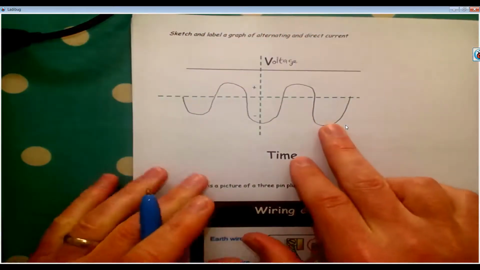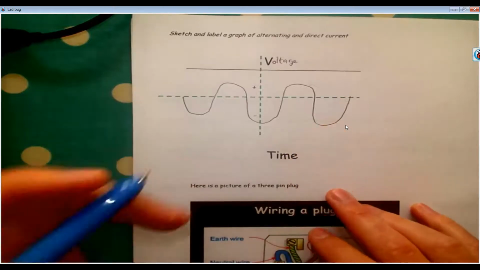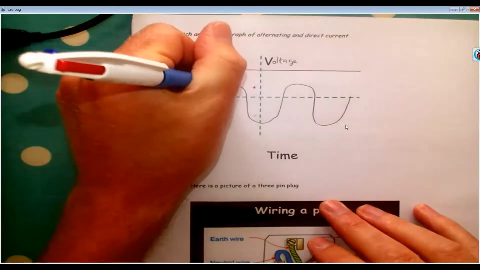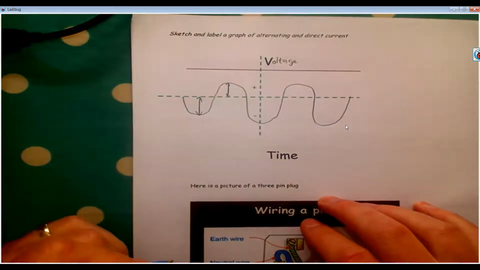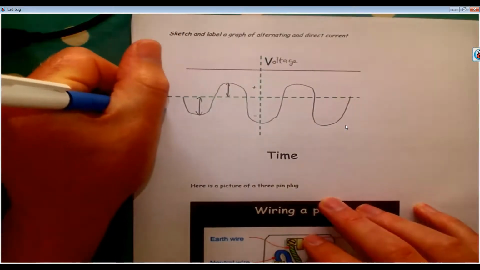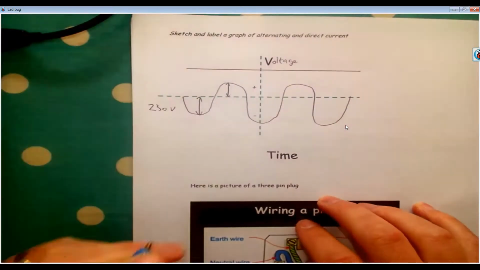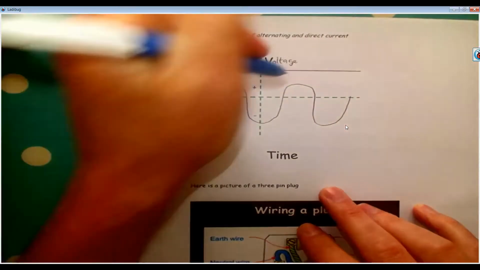it's this wave effect. And we can say the height of the peak or depth of the trough is going to be 230 volts because that's our UK mains.